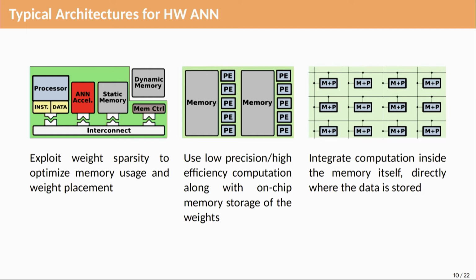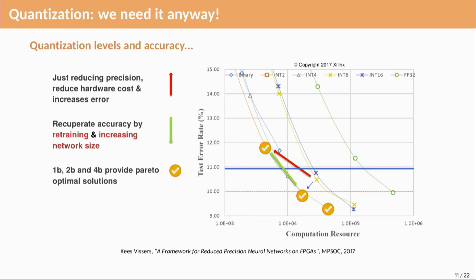So these are the three solutions that we have in terms of implementation. First of all, independently of the architectural solution we choose, one important thing to have in mind is that quantization is something we need to do to reduce the number of bits over weights and activations.